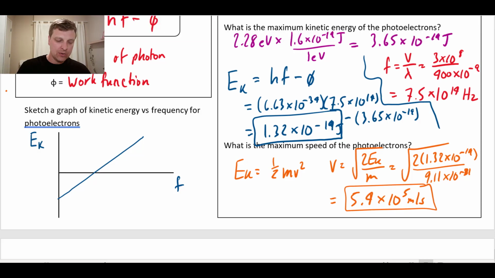Well, the first one is this one right here. The y-intercept is just going to equal the work function. And you can see that would correspond to an amount of energy. That's like the energy deficit, or how much you need to spend just to break the electron free. And this point right here, well, that would be my threshold frequency, right? That would be the minimum frequency that I would expect to potentially be able to break an electron free. Any lower than that, there's no chance. And above that, there definitely is a chance.